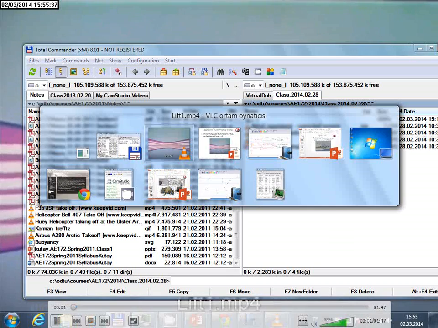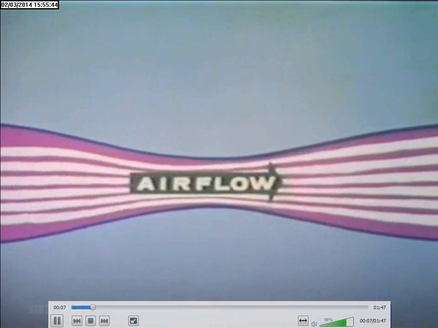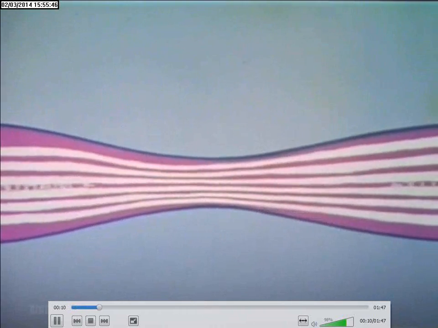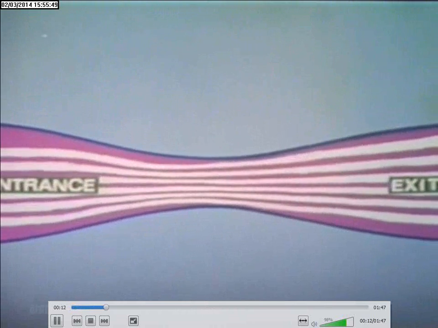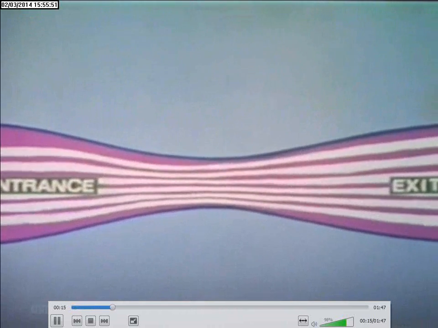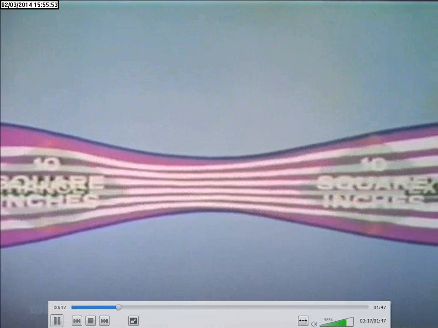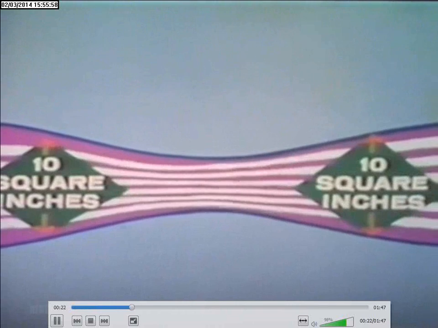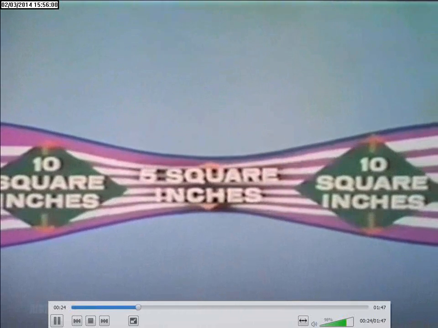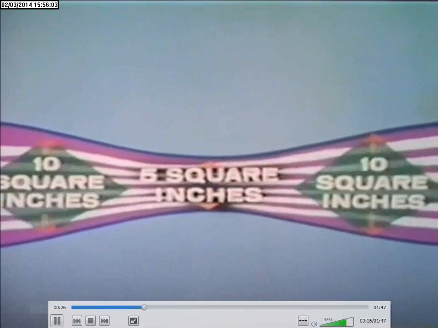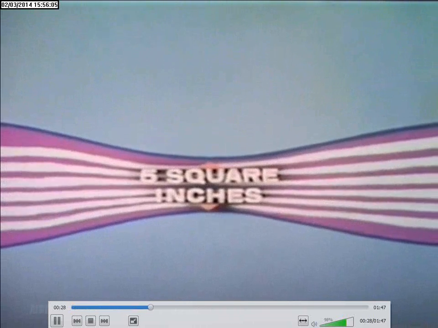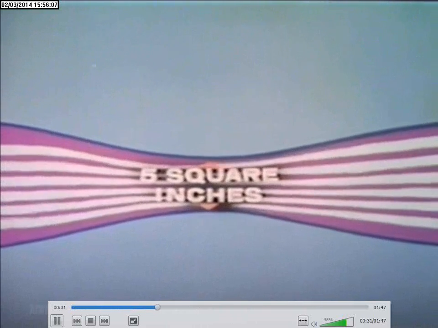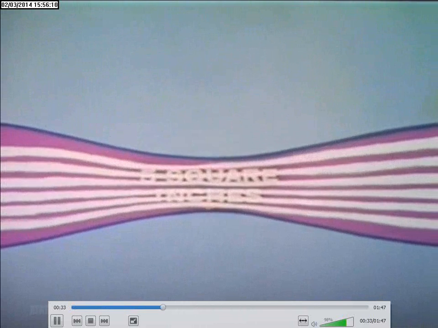By animation, let's study the airflow in greater detail. First, note that its pattern suggests it is passing through a tube-shaped device. Next, notice that the entrance and exit of the device are the same size. We can measure the openings and find that the ends are each 10 square inches. The middle part is squeezed, creating a throat of 5 square inches. Now, if we direct smoke lines through the device, its pattern will show that something happens to the air where it goes through the narrowed part.